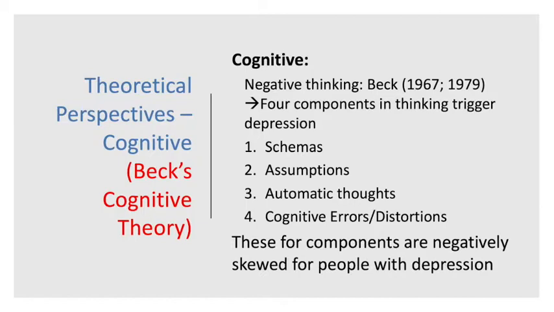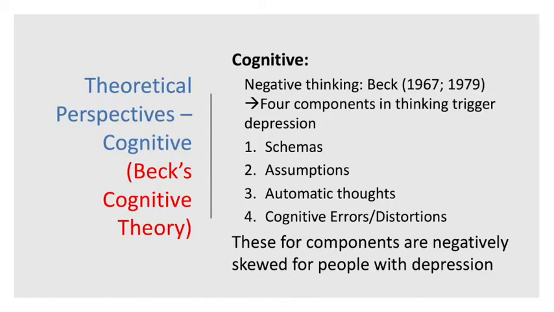Okay, so again, from a cognitive theory perspective, interpretations that you make over events are very, very important in determining whether or not you may develop depression or anxiety later on, or other conditions, as the cognitive model, of course, has expanded beyond just anxiety and depression.